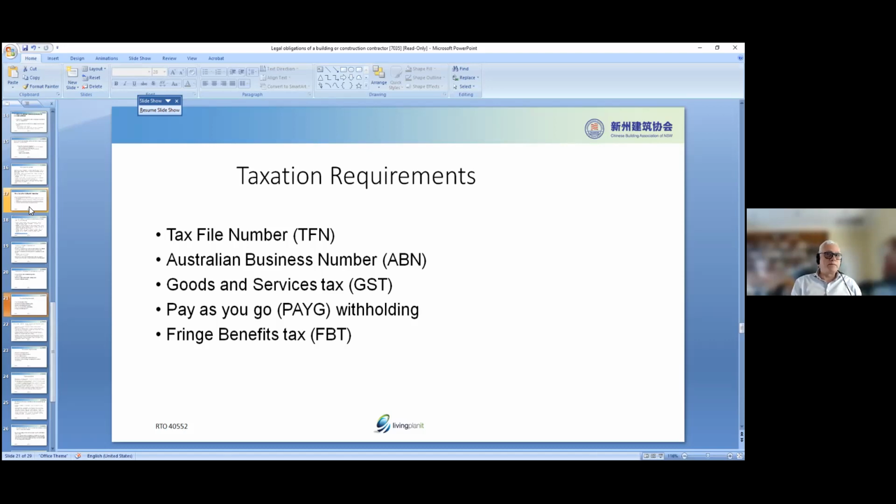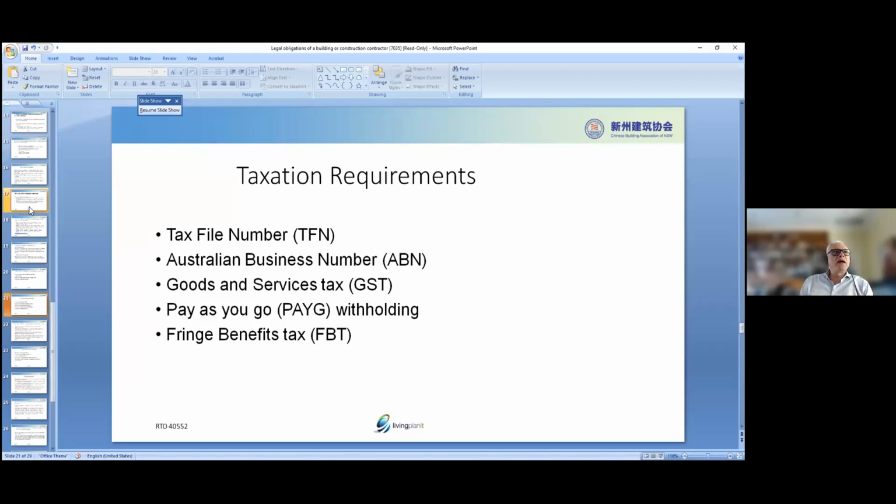PAYG if you're paying employees. Fringe benefits tax if you've got benefits, so you're giving your employees computers, cars, and whatever else in lieu of a greater income. So all these things can be very complicated the bigger the business.